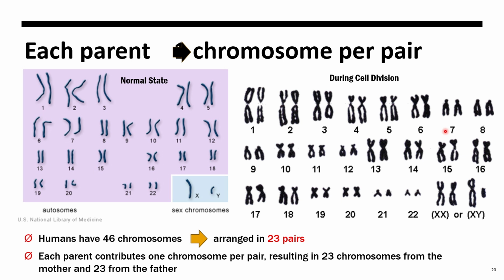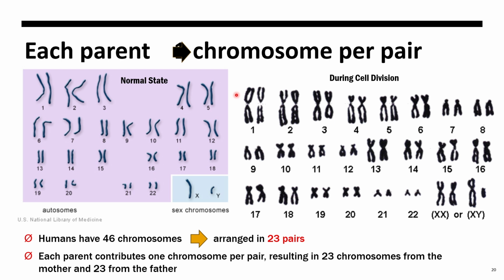So how many chromosomes does a human normally have? If you get 23 chromosomes from mother and 23 chromosomes from father, that means humans usually have 46 chromosomes, or 23 pairs of chromosomes. These 46 chromosomes usually are arranged in pairs. So each parent contributes one chromosome to the pair.